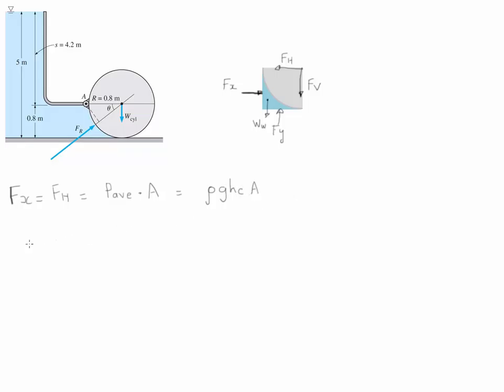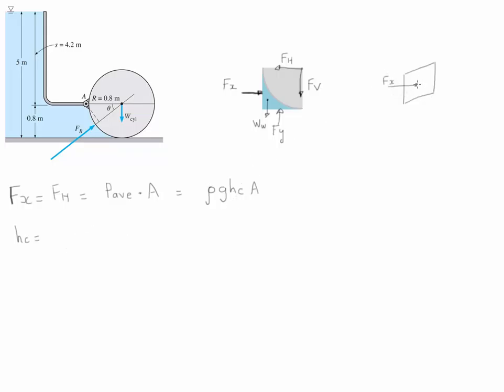For us to calculate the value of hc, notice that we're simply going to take this as a rectangular section. So if we draw this from the side, this is the area of the water on which Fx is being acted upon. So it's going to be a rectangular section.